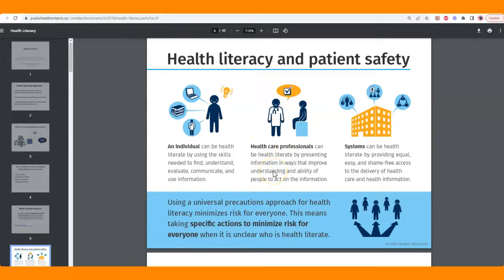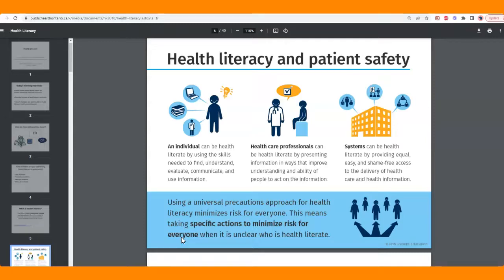Okay. Healthcare professionals can be health literacy representatives, presenting information in ways that improve understanding. So that pharmacist can provide one-on-one information to the person, especially if there's a new medication. Usually I go to Shoppers Drug Mart, they pull you aside and ask, have you had this medication before?